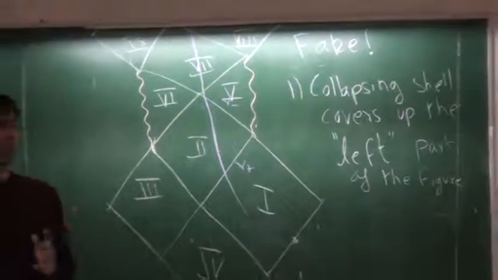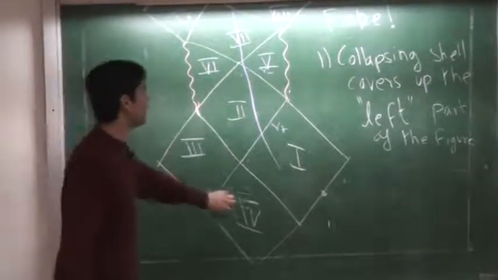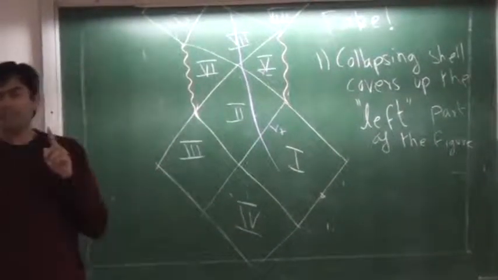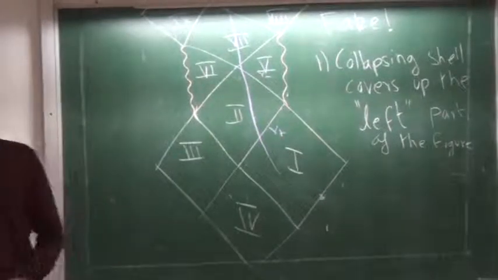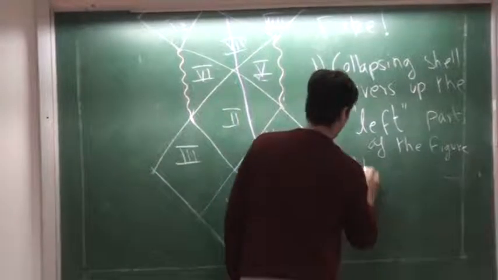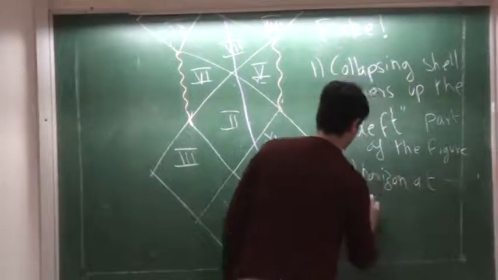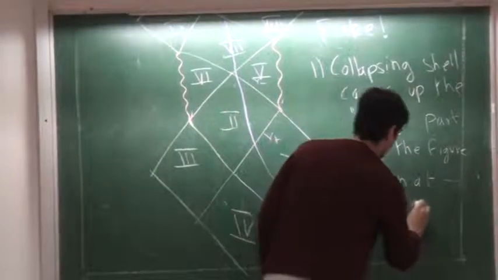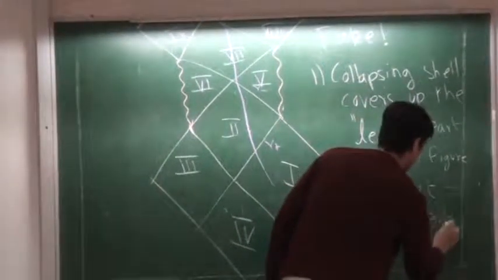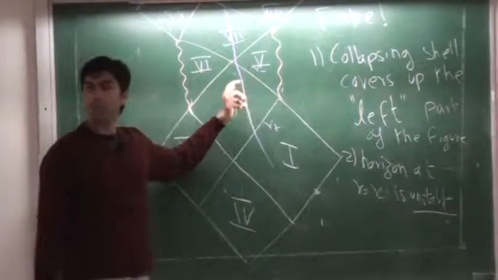Okay. So if you look at the diagram we drew for the collapsing shell, it did not have any regions 3 and 4. Okay. But there is a second pathology of these solutions, and the second pathology is that this inner horizon, the horizon at r equals r minus, is unstable.